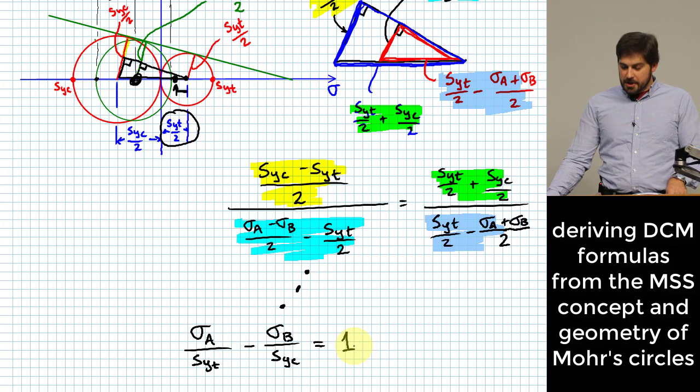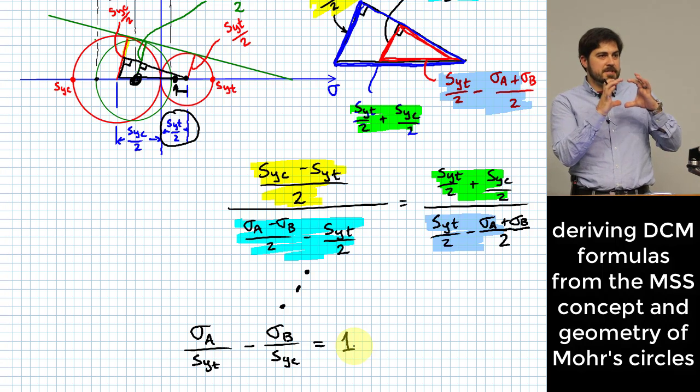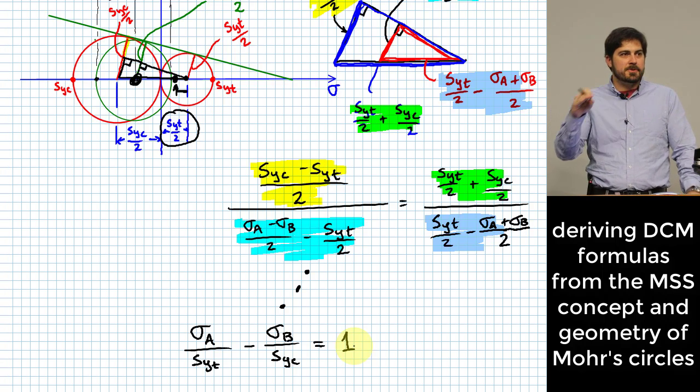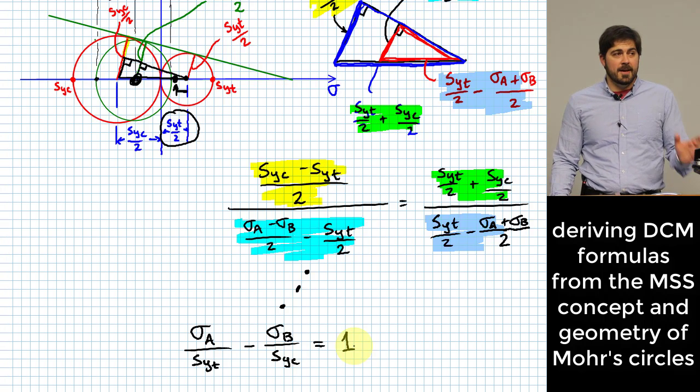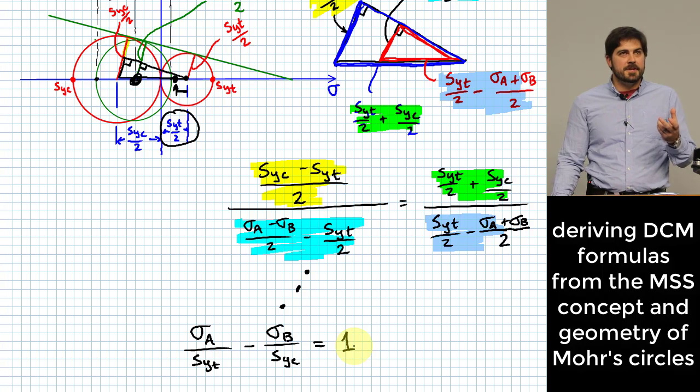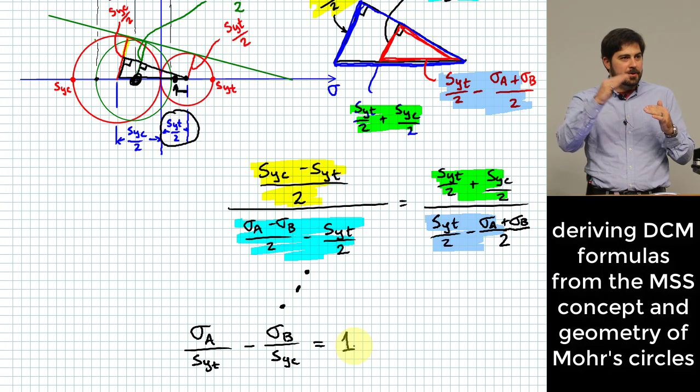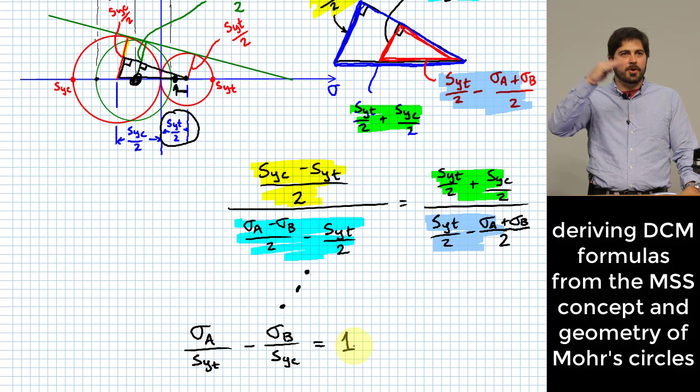This is for the situation where the green circle goes up and literally goes tangent to this line that describes failure. All right? If you want to include something else in there that is a factor of safety, a parameter that helps you move it off of that impending failure, how do you think you would do that?